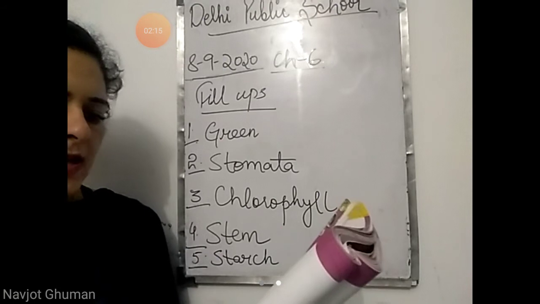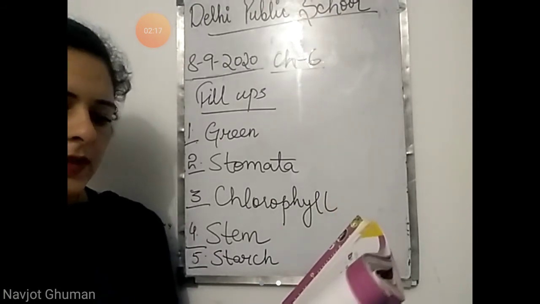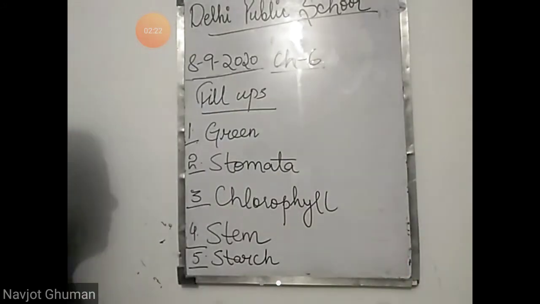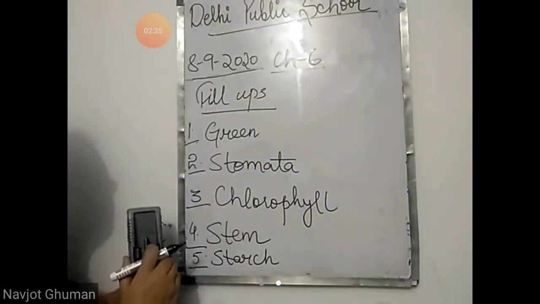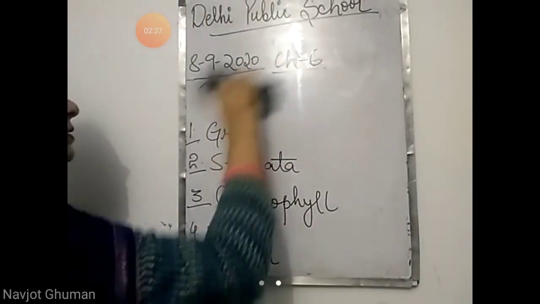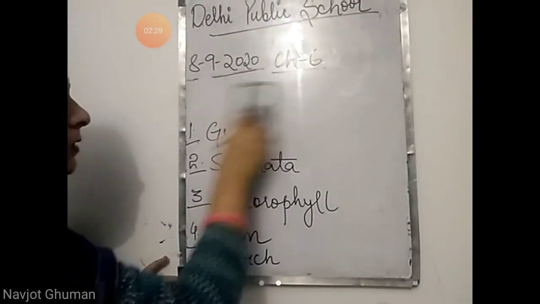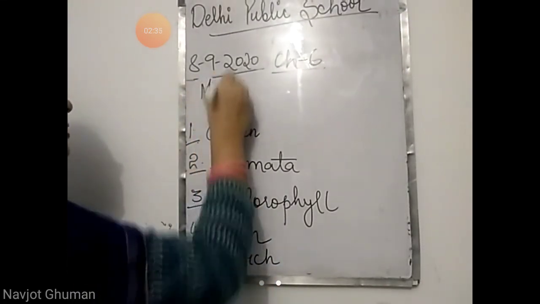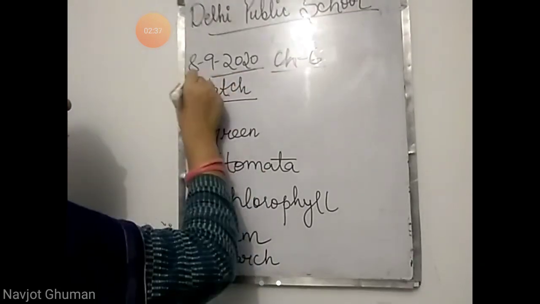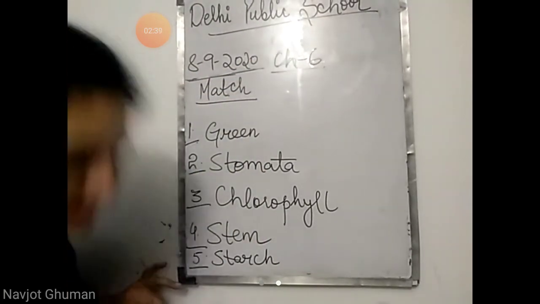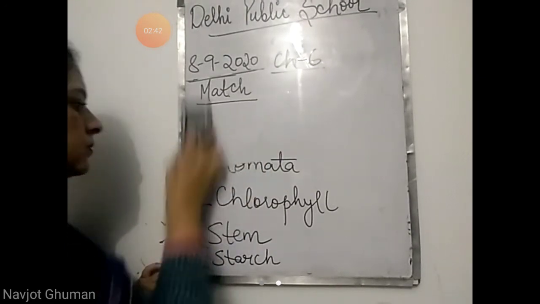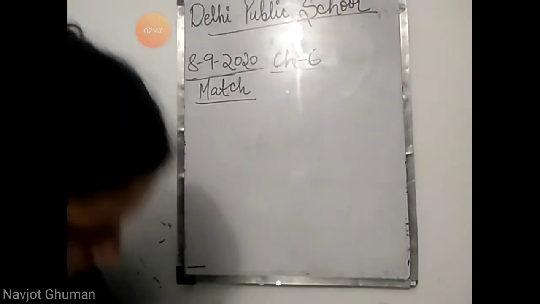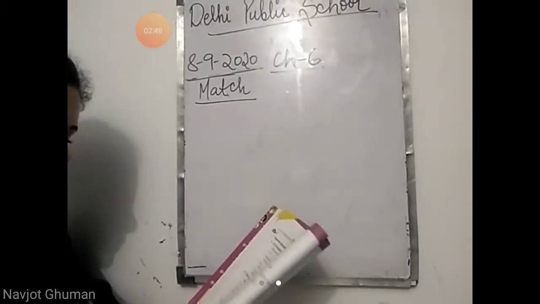Next is match the following. We have to match the column A with the column B. First is veins.